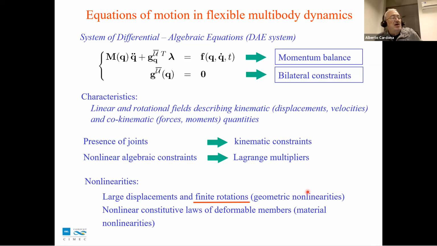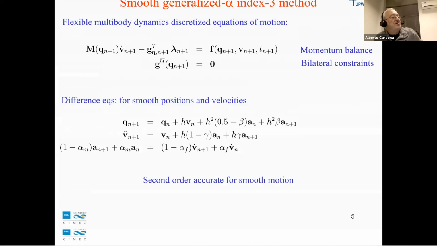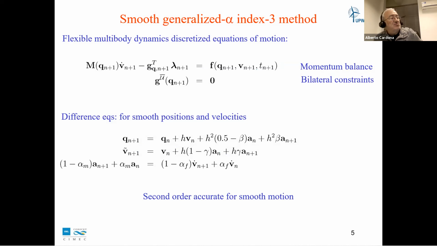And also eventually we can have nonlinear constitutive laws which give rise to material nonlinearities. So we have to deal with all these ingredients. The aspect of finite rotations is essential to mechanisms. When modeling mechanisms, we almost always have this aspect, which should be taken into account.